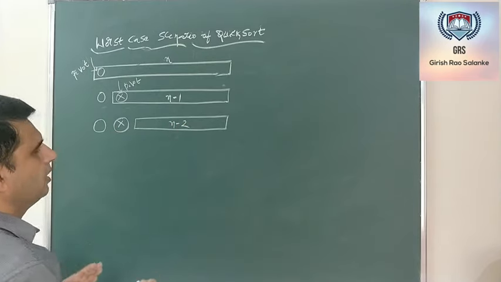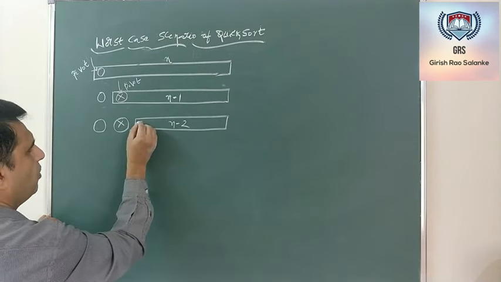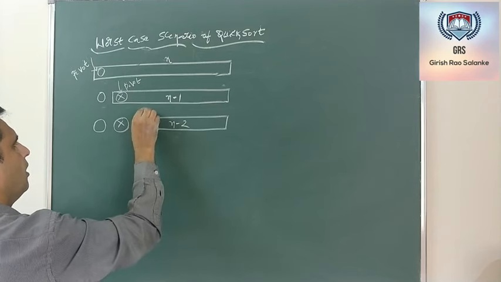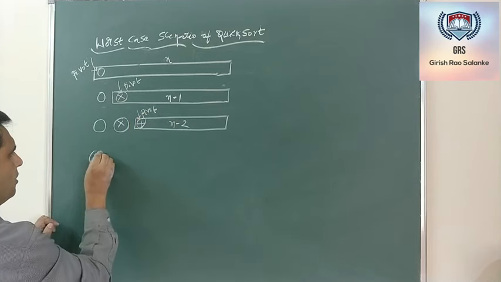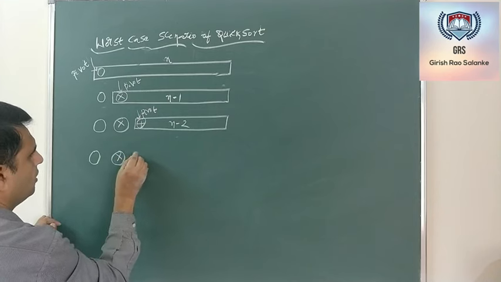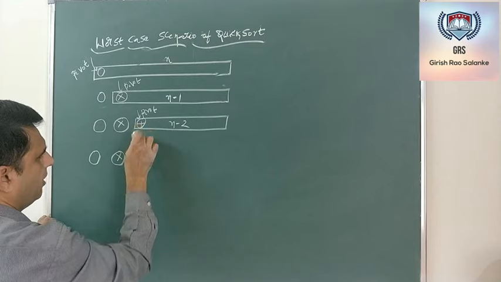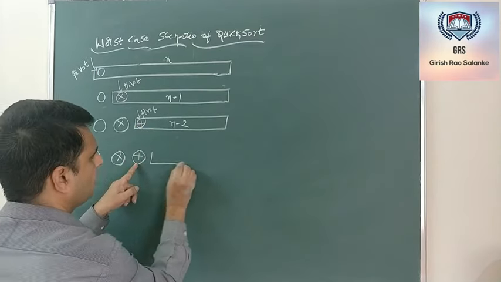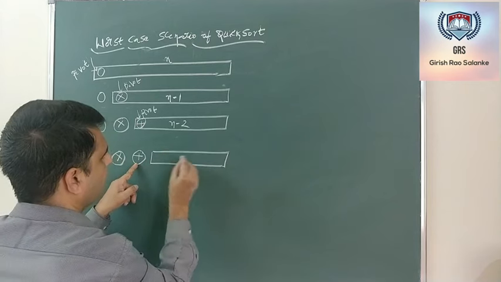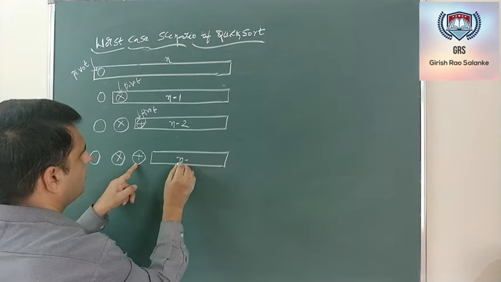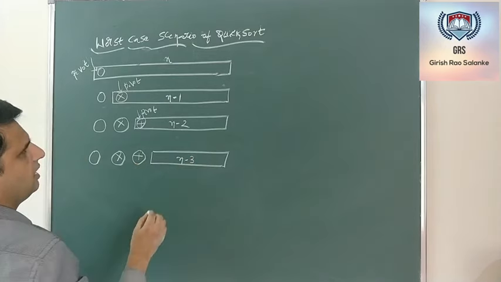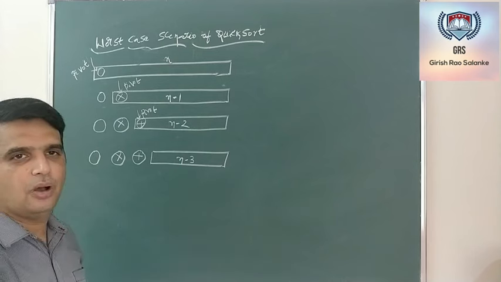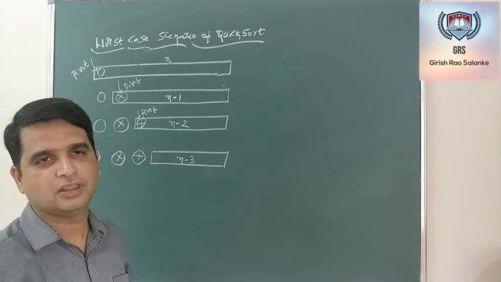This would be the worst case scenario. Now if I do one more partition, assume that this is the pivot element. On doing a partition, the position of this element, I have just denoted it as plus, it might be some element, don't worry, I have the right subarray with size n minus 3 elements. Now, this would be the worst case scenario of the quicksort algorithm.